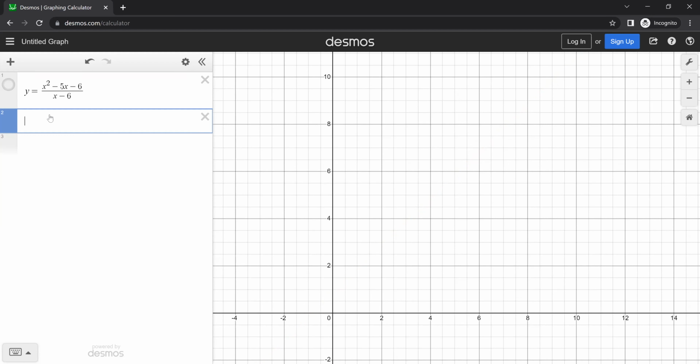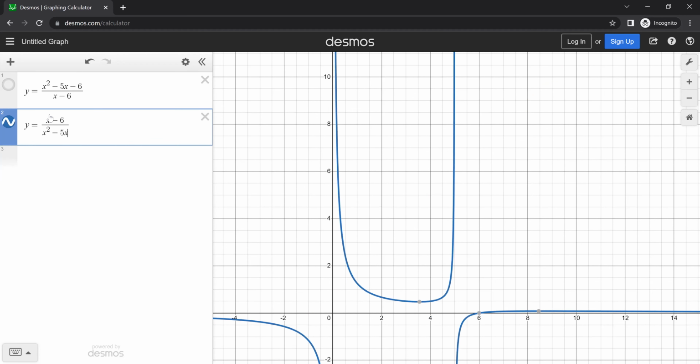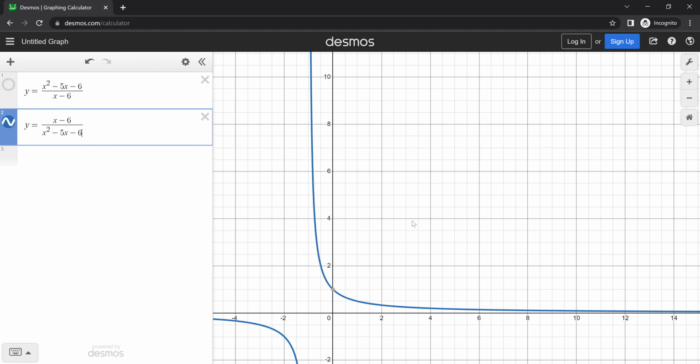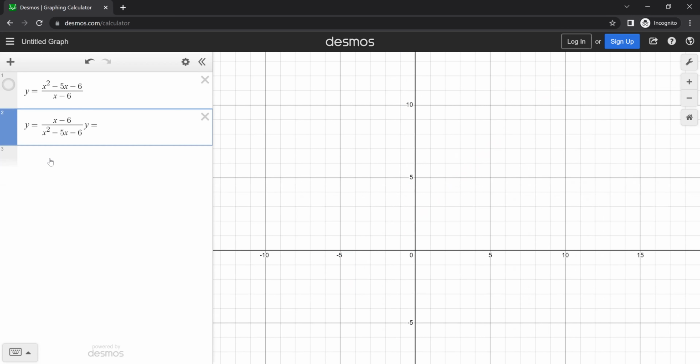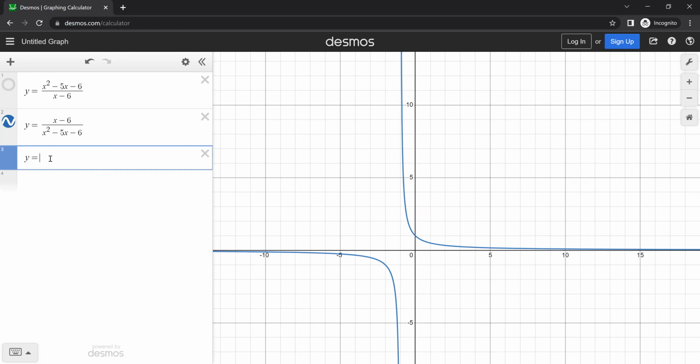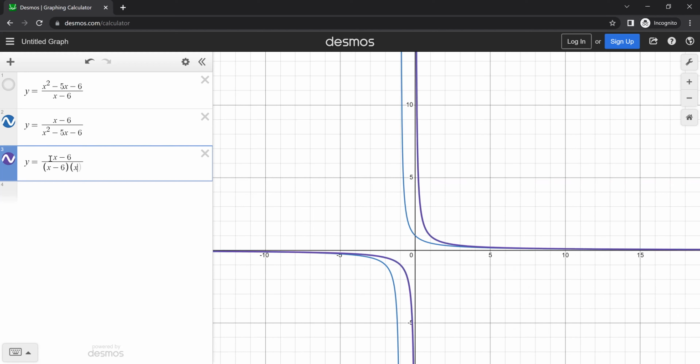Now the other type of problem you might see is the flip of this. It would be x minus 6 on the top, x squared minus 5x minus 6 on the bottom. This one's different. It's like, wait, what's going on here? This one has a vertical asymptote, and the reason is because this factors into, let me just show you right here, the same thing as before: x minus 6 up top, x minus 6 times x plus 1 on the bottom.